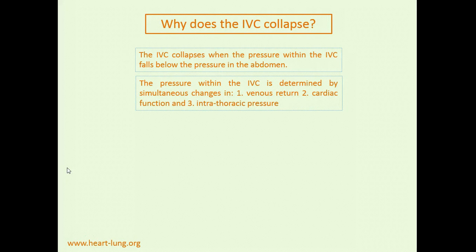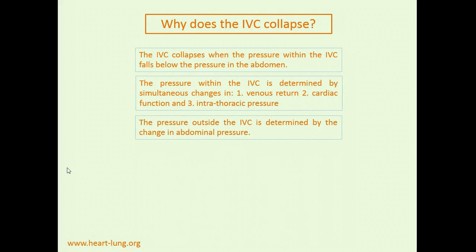And that pressure itself is determined at the crossroads of, firstly, venous return, which has multiple determinants; secondly, cardiac function, which has multiple determinants; and third, the degree to which the intrathoracic pressure falls or rises. It is also determined by how the pressure outside the IVC is changing.